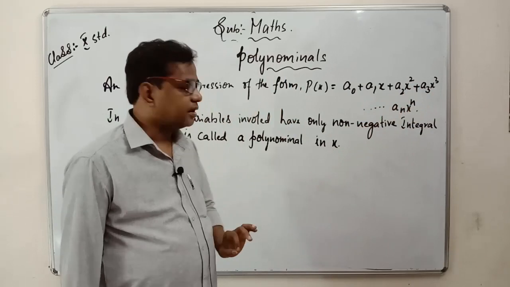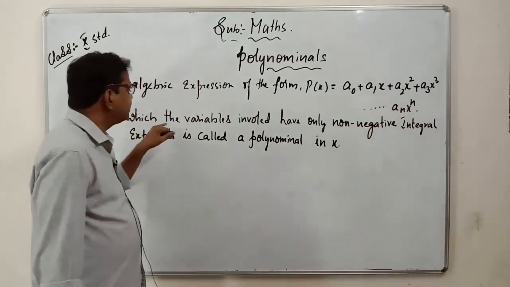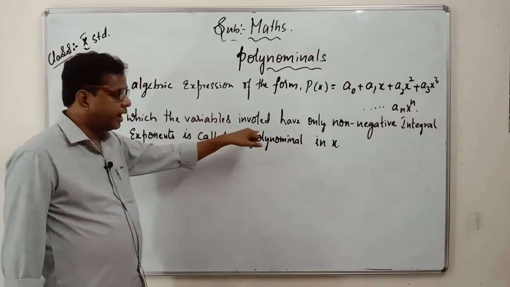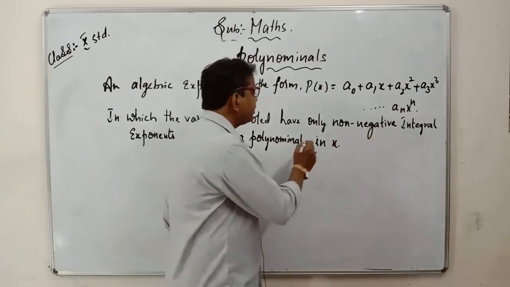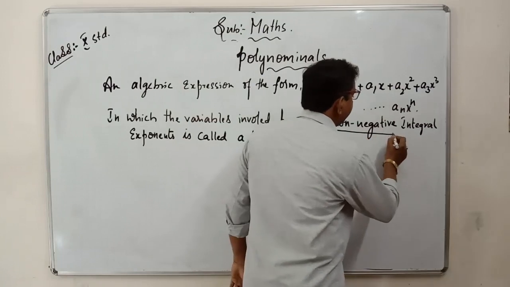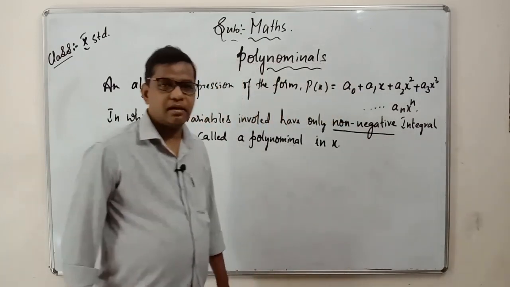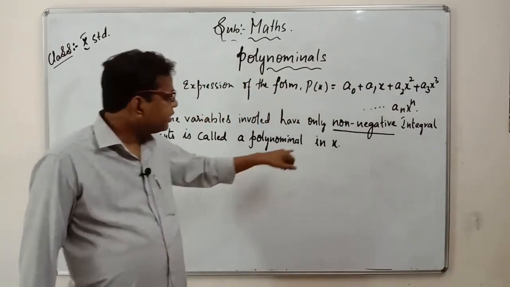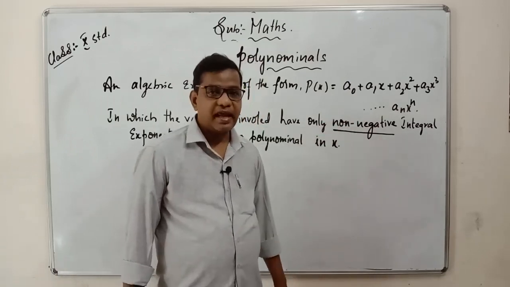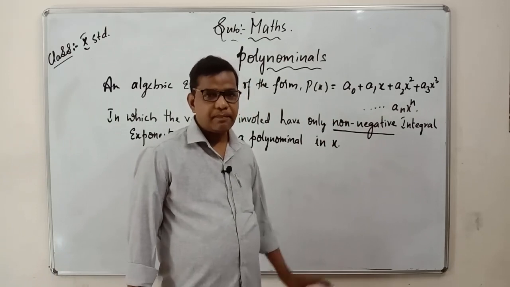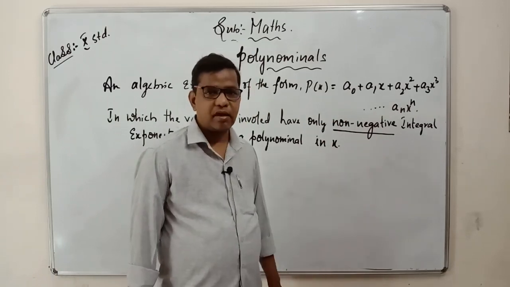The main important thing here is that the variables involved have only non-negative integral exponents. Underline the words non-negative integral. What do you mean by non-negative integral? Here it means the power should not be a negative one. If the power is negative, then you will not call it a polynomial.